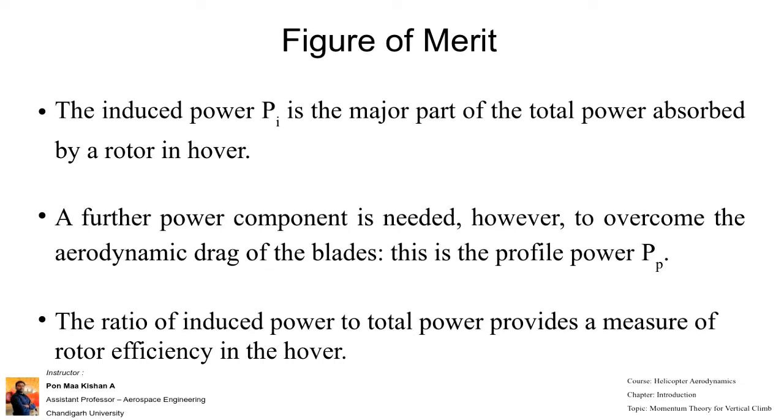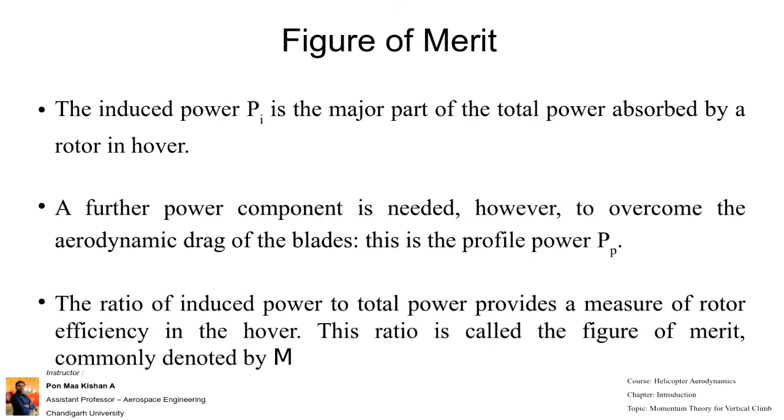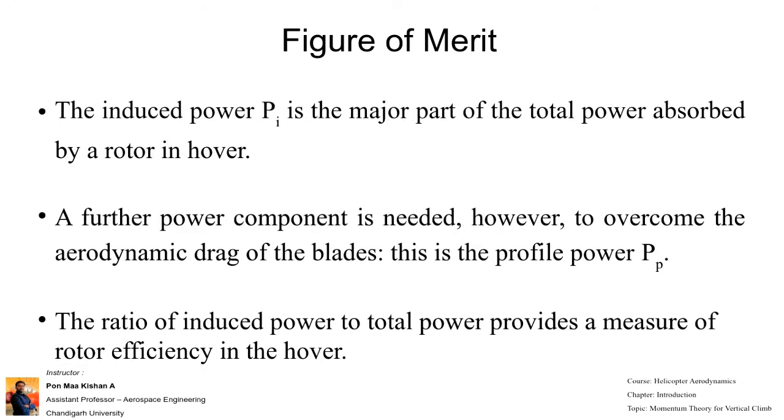Right. So there is another term, a performance parameter, called figure of merit. Figure of merit is defined with respect to the power terms itself. It is the ratio between the induced power and the total power. So you can see over here, the induced power to the total power provides a measure of rotor efficiency.